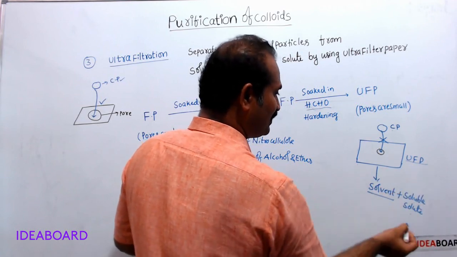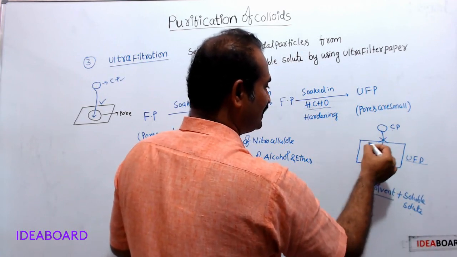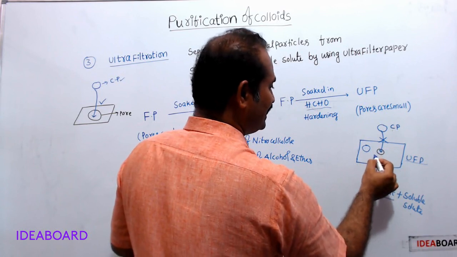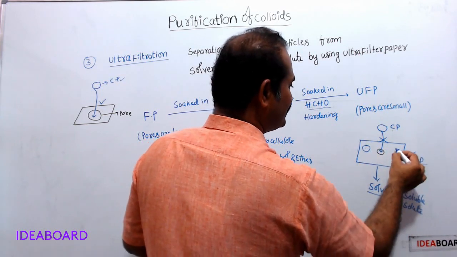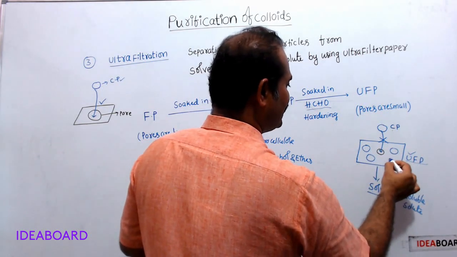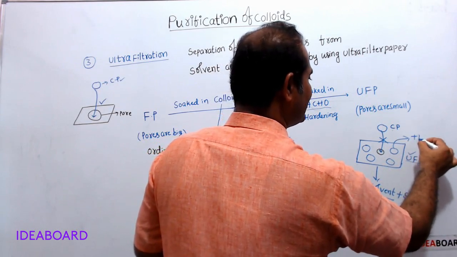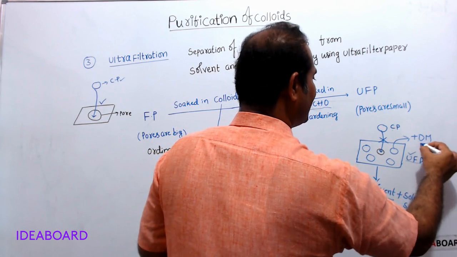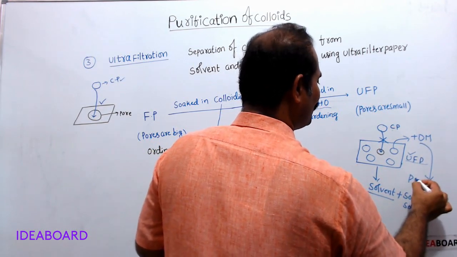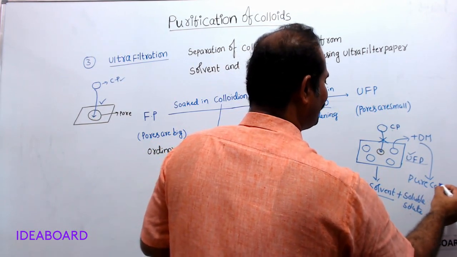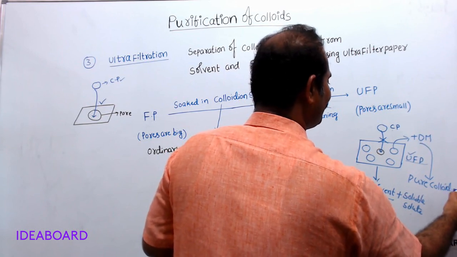Therefore, colloidal particles remain on the ultrafilter paper. These colloidal particles are separated and mixed with dispersion medium. Then we will get a pure colloidal solution.